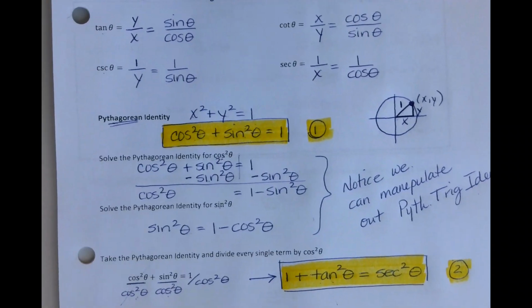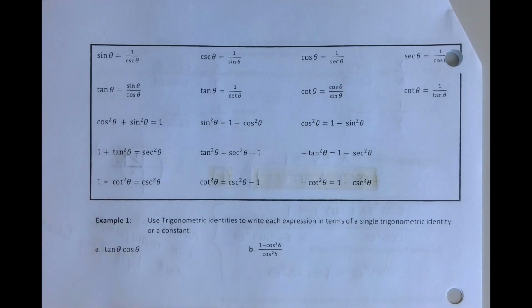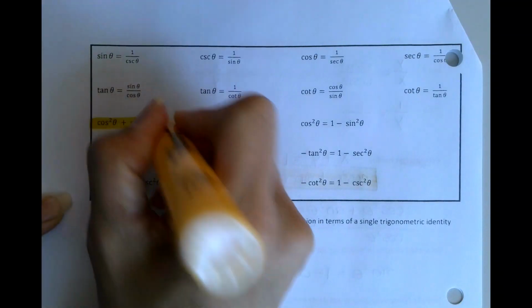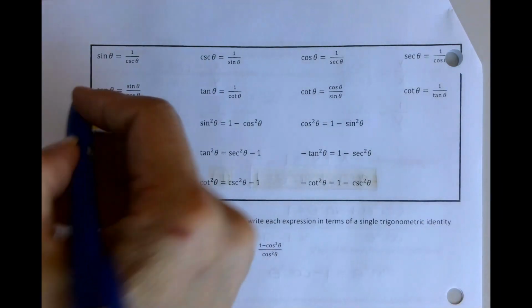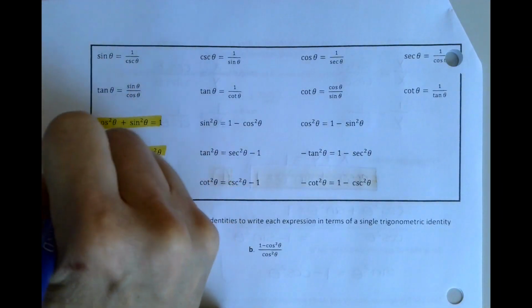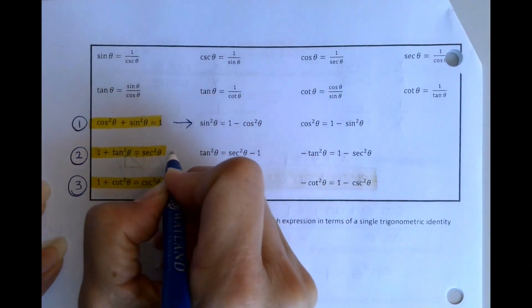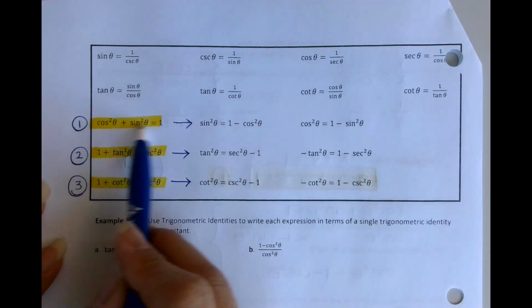So this whole first page that we just covered is actually a summary of what your formula chart that will be given to you is. And the formula chart is all covered and condensed into this one page. So notice that here, highlighted 1, 2, 3, are the 3 Pythagorean identities that we just worked with on the first page. And you're going to notice that these to the right are the manipulated versions of these three functions.